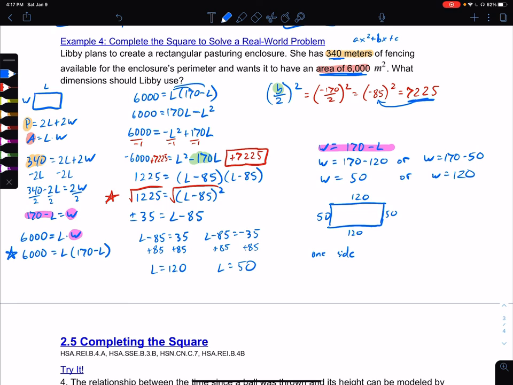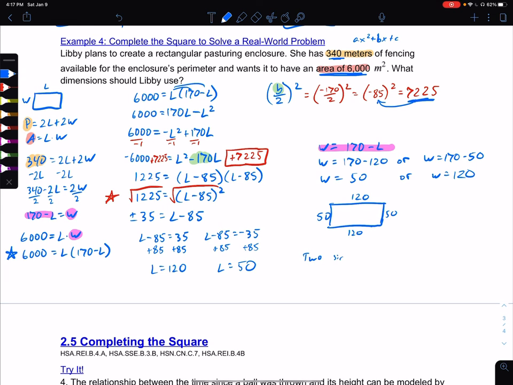Let's phrase this a little more carefully. We're going to say that Libby should make it so that two sides of the enclosure are 120 meters and the other two sides are 50 meters.